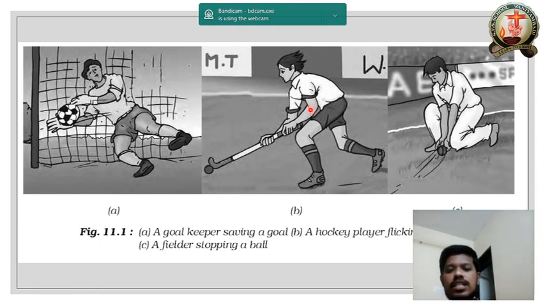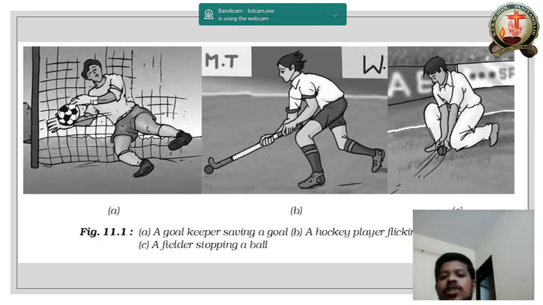Similarly, in another picture, what do you see here? A hockey player is flicking a ball. Initially when the hockey player is just passing the ball, it will be in somewhat slow motion. But when he tries to flick the ball, when he tries to hit the ball, then what will happen? The motion of the ball, the speed of the ball increases, right?